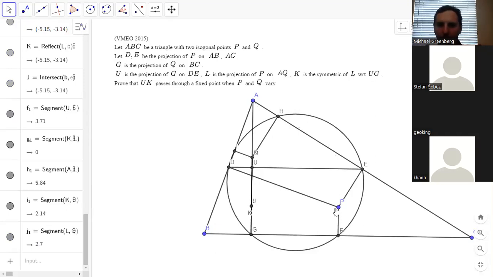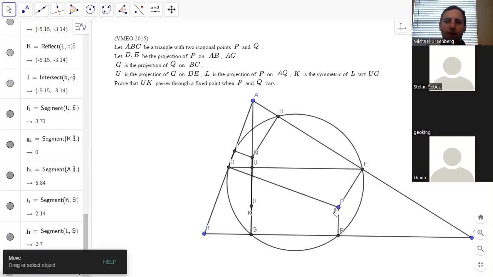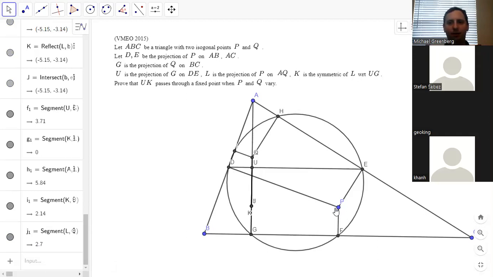So if that's true, then the isogonal conjugate is the orthocenter, right? So D and E would be the midpoints. G is a projection of Q onto BC, so the foot of the altitude. U would just be the midpoint of the altitude.